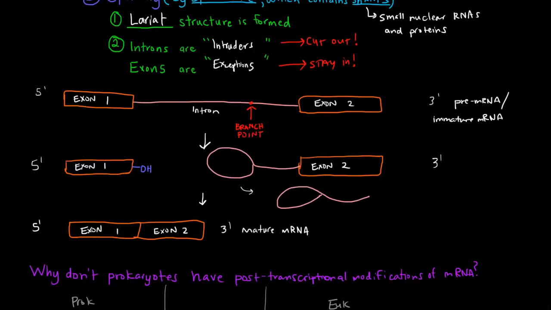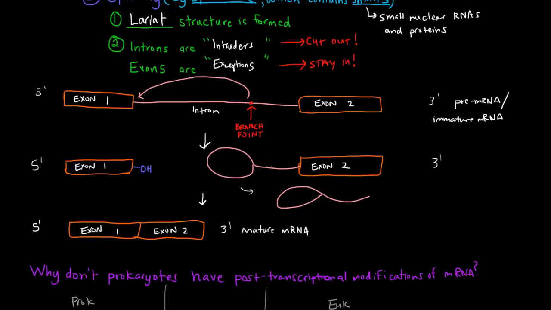So, at this branch point, the 2' OH on the ribose ring of a certain nucleotide over here is going to go over and nucleophilically attack the nucleotide over here on the intron that's attached to exon number 1. And when it does that, it bonds to itself.